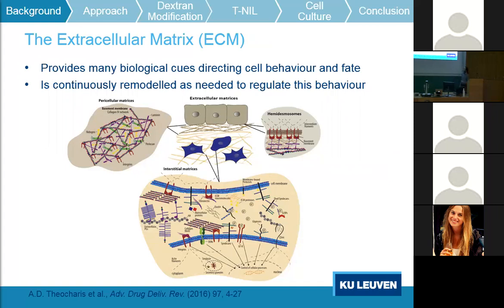But it is also continuously remodeled by the cells themselves in order to regulate this behavior in sort of a feedback loop. And what you see here, although you don't necessarily need to read it, are examples of some of the components that exist and where they may exist in relation to different cells, such as those up here or those here. And although this is a slightly more sophisticated image than my confetti from the previous slide, it is still a vast oversimplification.